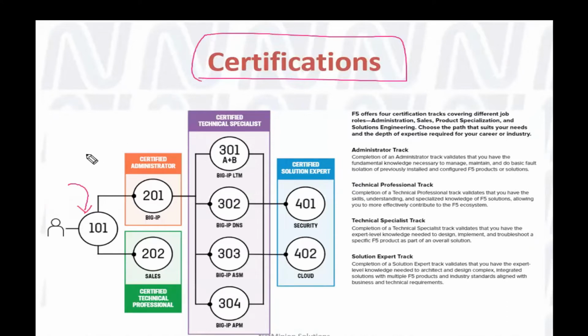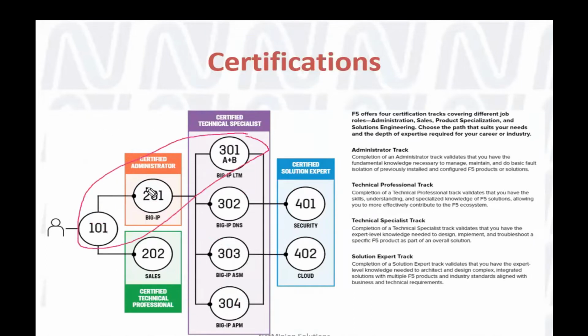In advanced also, when you cover 101, you can go for 201. When you have 101 and 201, you will get a certificate. For 101, you will only get an email. Now you will get the certificate, and you would be a certified administrator. Then you can go for the advanced ones, and then maybe the expert level. So we would be covering 101, 201, and some part of 301 as well.